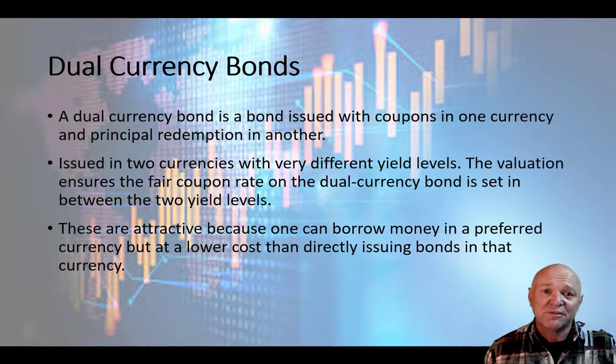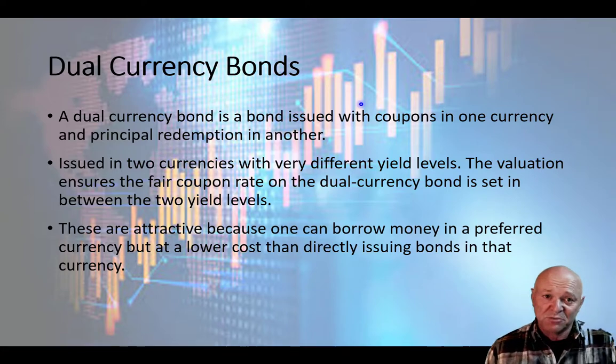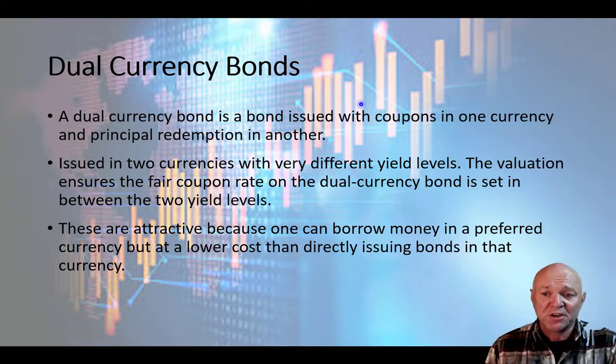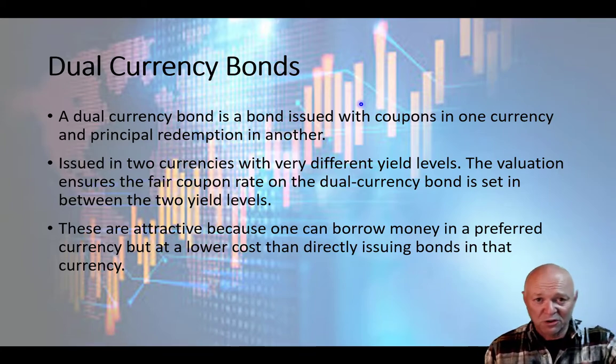A couple of other types of specialized financial instruments. In fact, one that I mentioned towards the beginning of this session, we talked about NKK, steelmaker, and dual currency bond. Essentially, a dual currency bond is a bond issued with coupons in one currency and principal redemption in another. Usually those currencies have very different yield levels, and essentially the valuation ensures the fair coupon rate is set between the 2 different levels of yield, the one for, say, the US dollar and one for the yen.